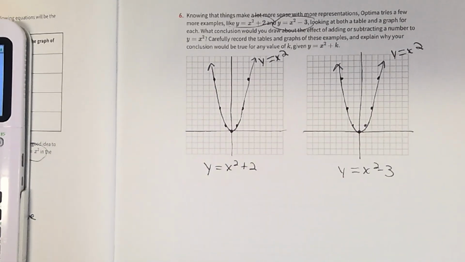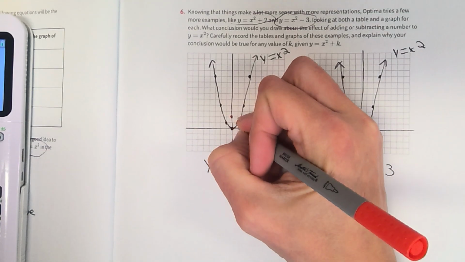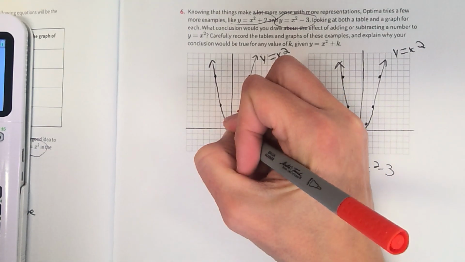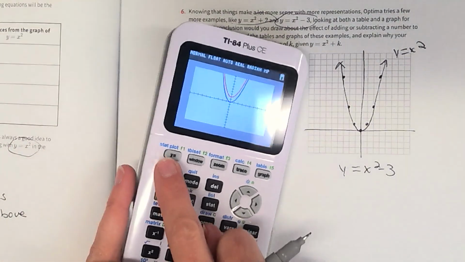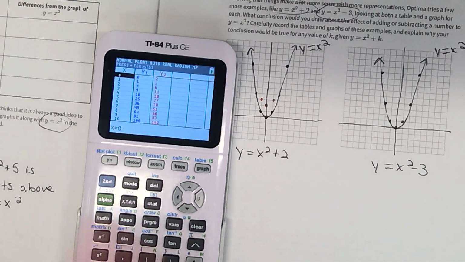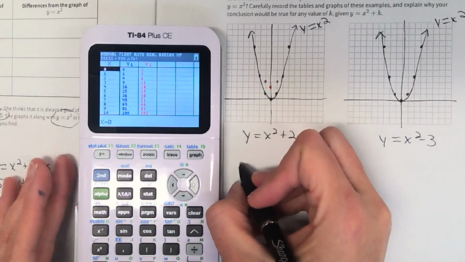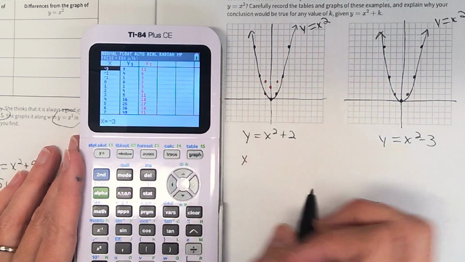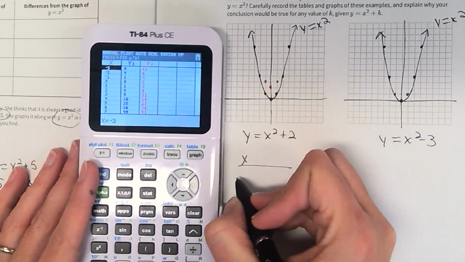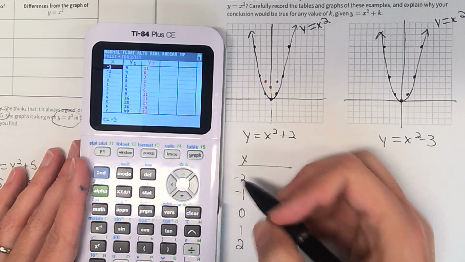Hope so. So if we look at how we are going to graph this, it's going to be exactly 2 above each one of these. And if we look at the table, we're going to see the same thing. So if we go to second table, we can look at what our equations are going to look like. And so we'll copy that down as well so that we have a good example of a table. So we have our x's, right? We've got negative 2, negative 1, 0, 1, and 2. We'll just do a few.